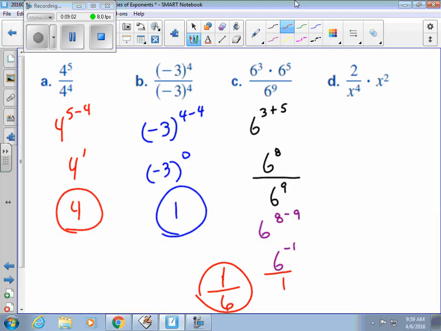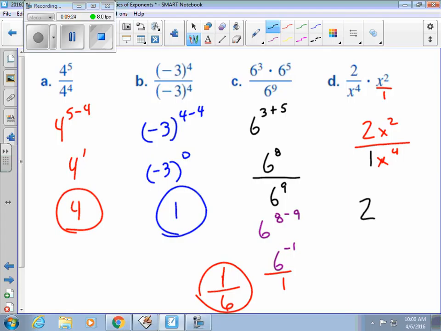So we got 2 over x to the fourth times x squared. Again, go straight across with it. 2 times x squared is simply 2x squared over x to the fourth times 1, which is x to the fourth. So if you need a coefficient here, you can put it, but there's no reason to put 1 there. 2 divided by 1 is simply going to be 2.